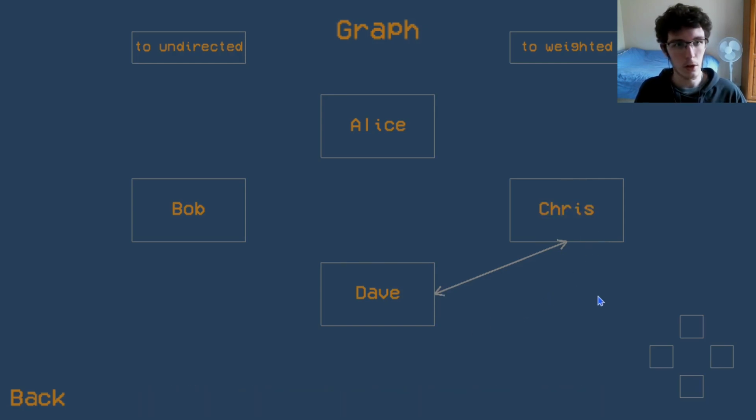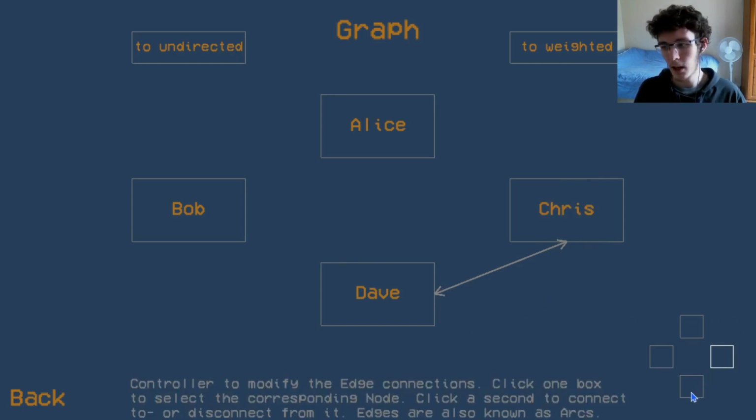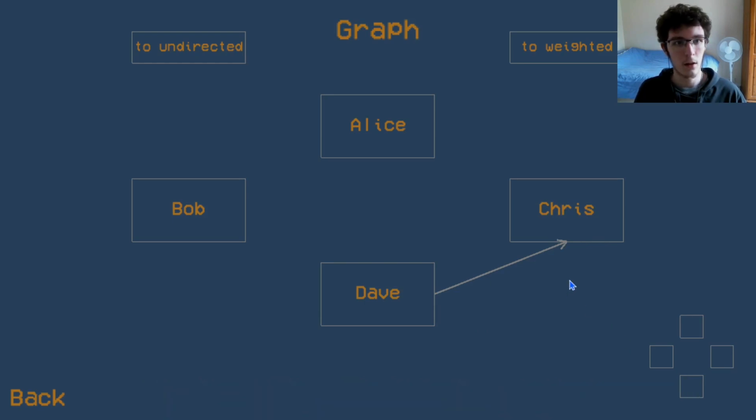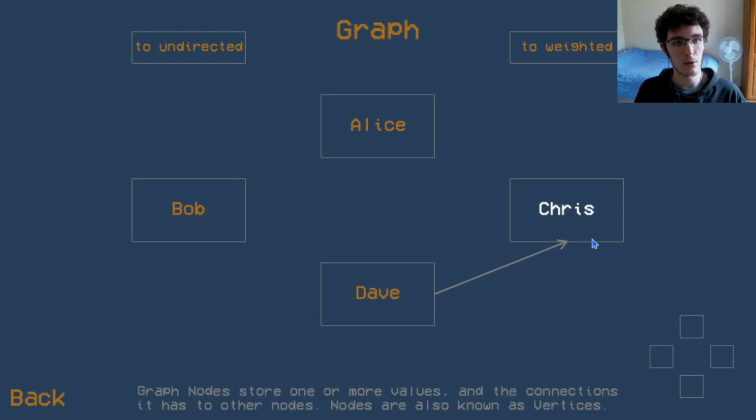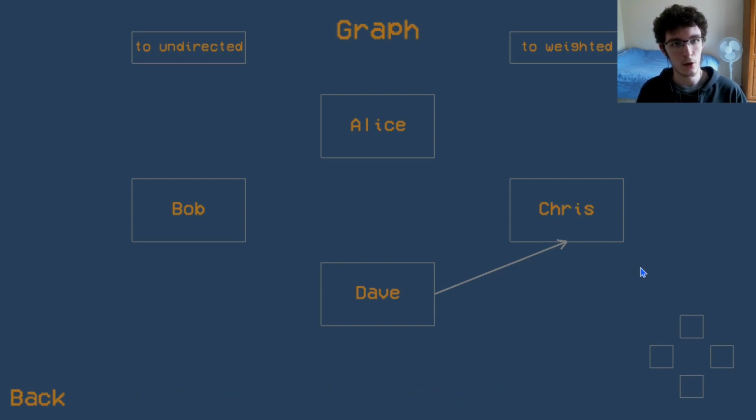Whereas with followers, Chris can unfollow Dave, but Dave still follows Chris. You can have a one-way connection between one person and another, and the reverse too, but they can still be 2 separate connections.